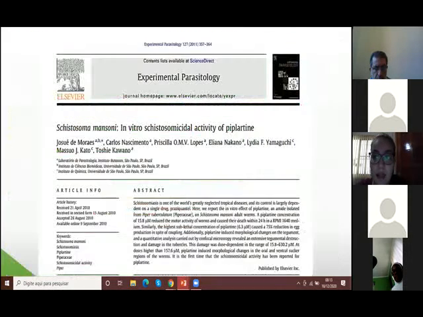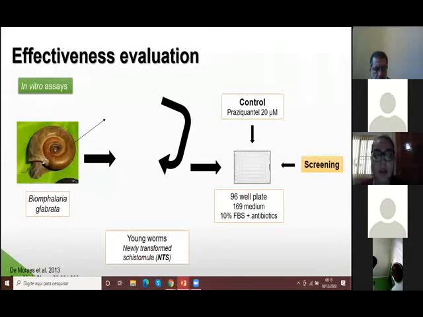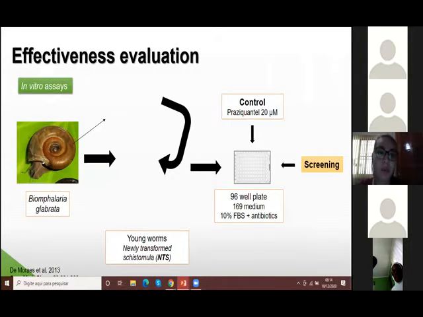In 2011, in another study, we made an assay to identify the effect in another phase of the parasite. First of all, we infected snails. Then at 30 days, we exposed these snails to 3 to 4 hours of light.